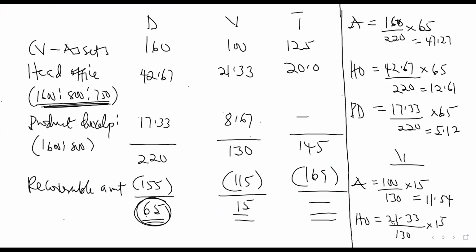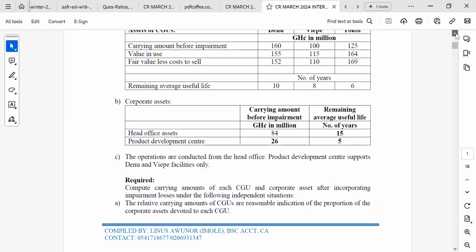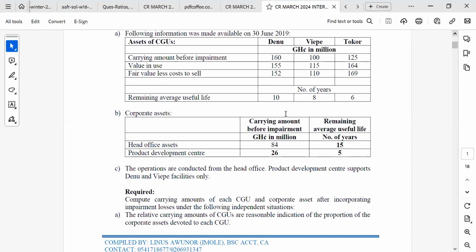Okay. So what we did was the asset. It is these CGUs that are going to be using the corporate assets. The new over here will be using it for 10 years, the V will be using it for 8 years, and the other will be using it for 6 years.